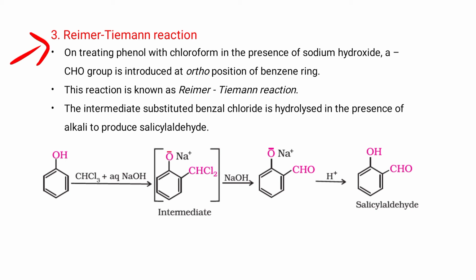Next one is Reimer-Tiemann reaction. Here this is phenol reacting with CHCl3 and aqueous NaOH. One intermediate is formed.